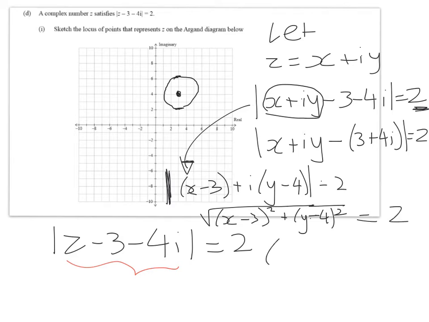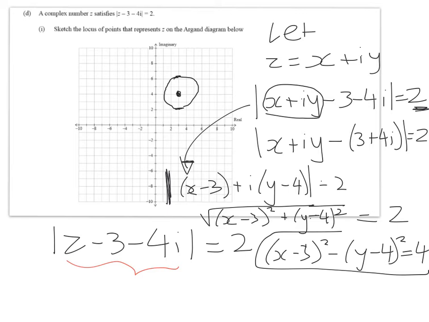I'm going to square both sides and I get x minus 3 squared plus y minus 4 squared is equal to 4, which is what I drew above. It's the equation of a circle which has got its centre at 3 and 4, so for us that's 3 plus 4i, and it's got a radius of 2.